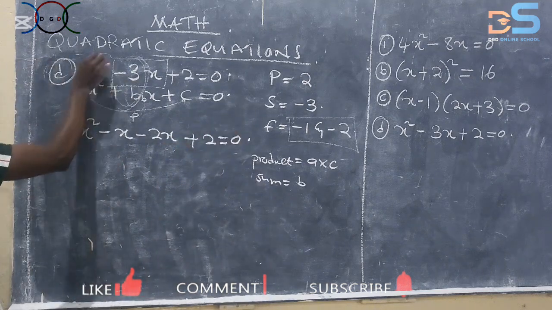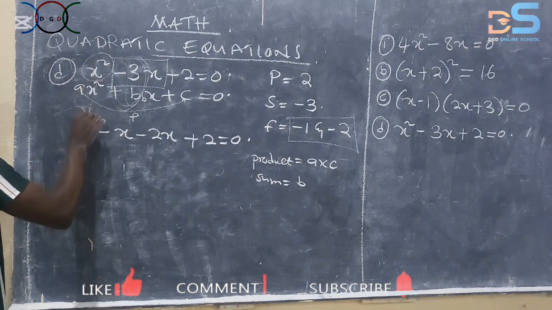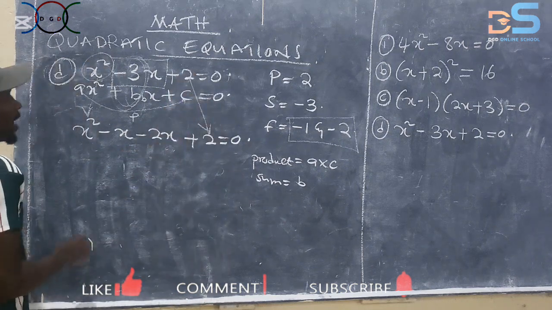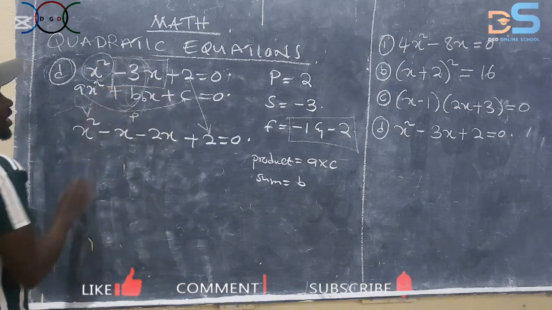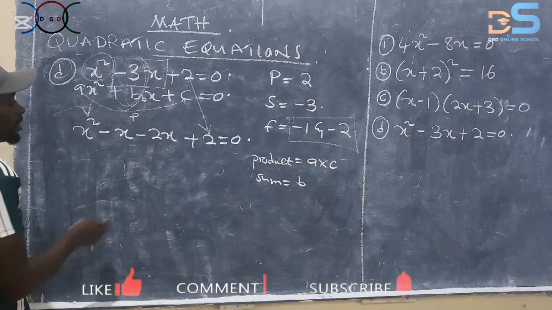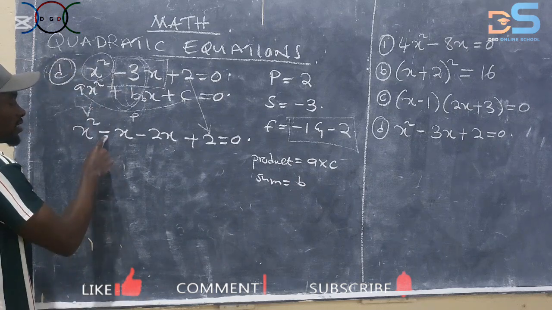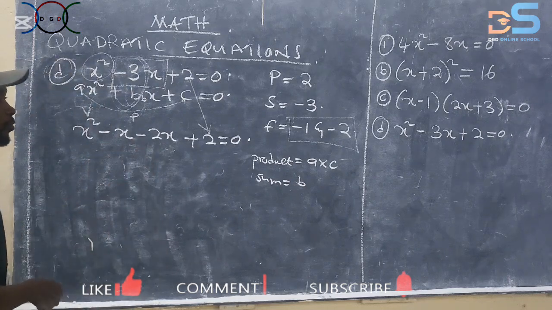So the x squared and the c, the 2, have dropped as they are, and in the middle, where we had our sum, -3, we've replaced it with the factors we obtained, which are -1 and -2.